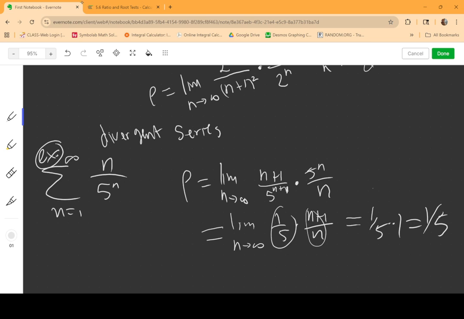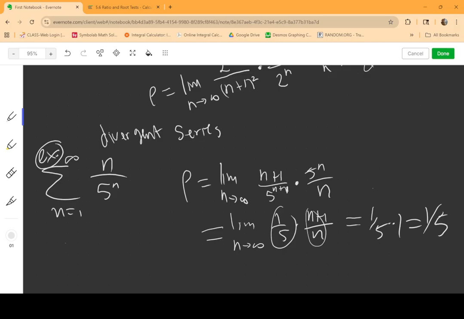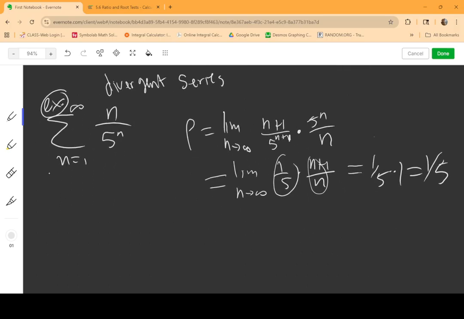Looking at our results for our ratio test, we see we are in the first case. Rho falls between 0 and 1, so it converges absolutely. The series here converges absolutely.